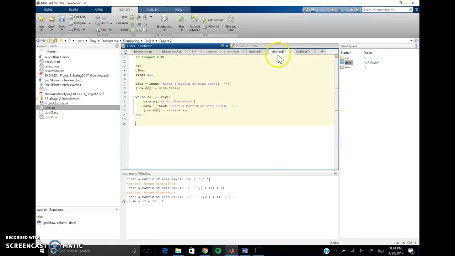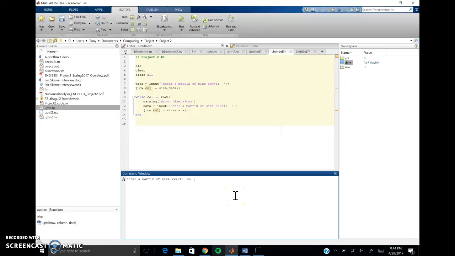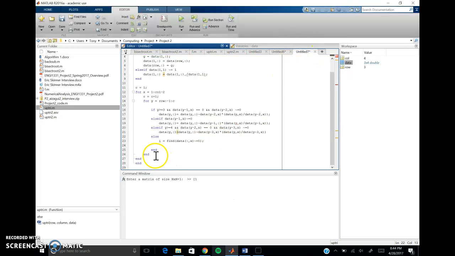Let's go ahead and try that. So we'll put in the example. Oh, you know what? I forgot to name our output. Upper equals data.